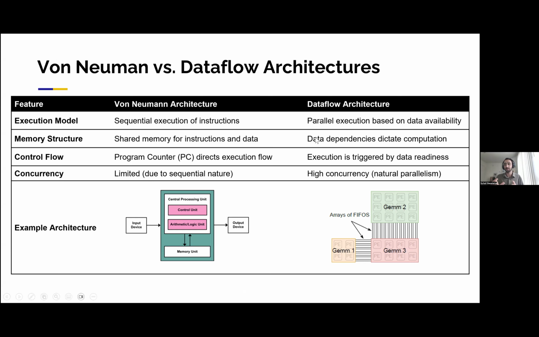Data dependencies dictate the computation, because nodes that do not have their data ready have to wait for previous nodes. Control flow is triggered by data readiness and availability between the nodes, and it naturally has high concurrency. This is an example of a data flow accelerator.